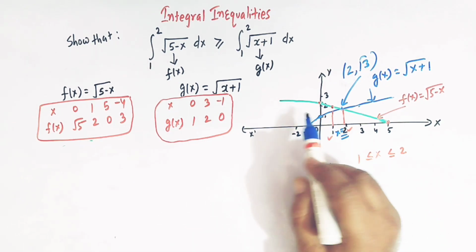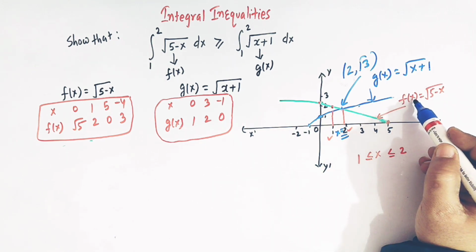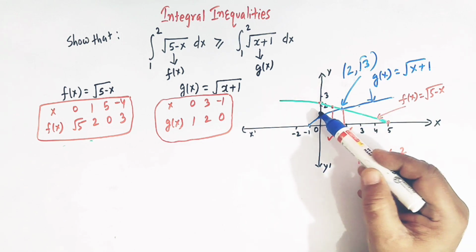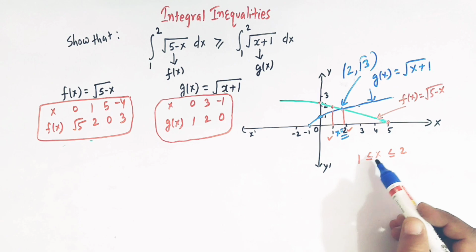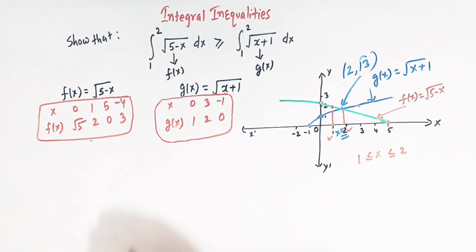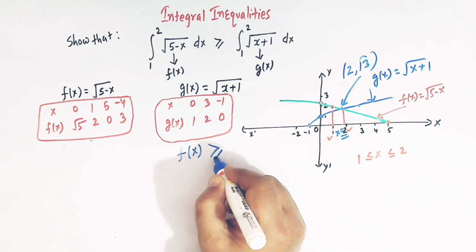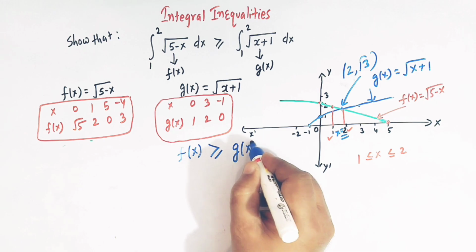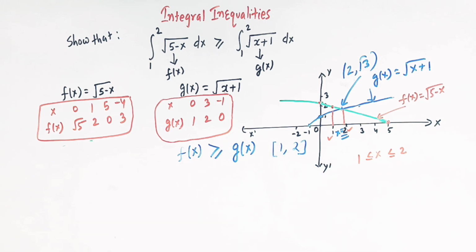So now from the graph, we see that this function f of x lies above this function g of x for all values of x belonging to this interval 1 comma 2, right? So we can say that f of x is greater than or equal to g of x in the interval 1 comma 2, right?